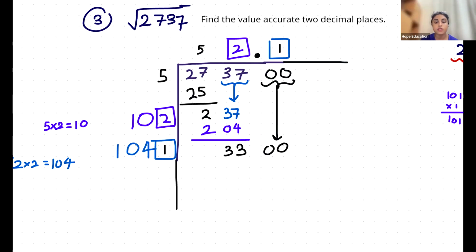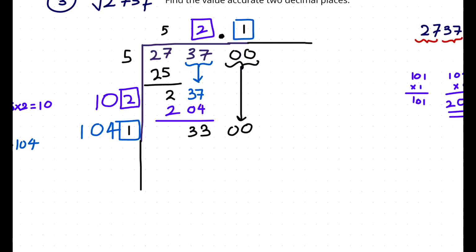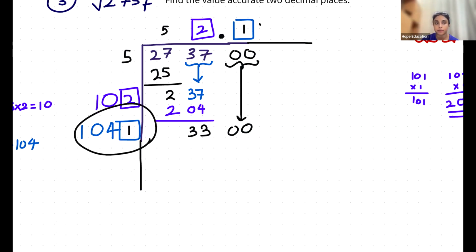So 1,041 times 1 is... Sorry. Okay. So I put 1 here and I put another 1 here. So 1,041, I have to multiply by 1.